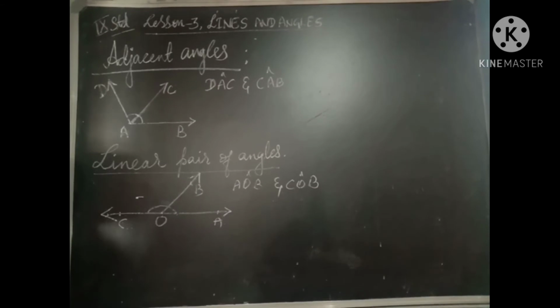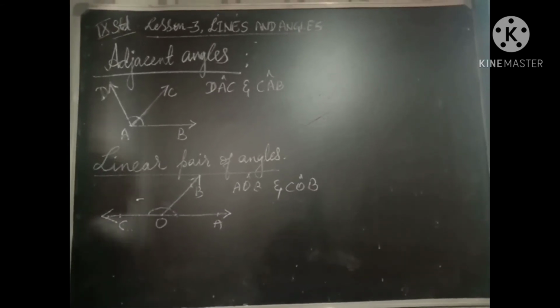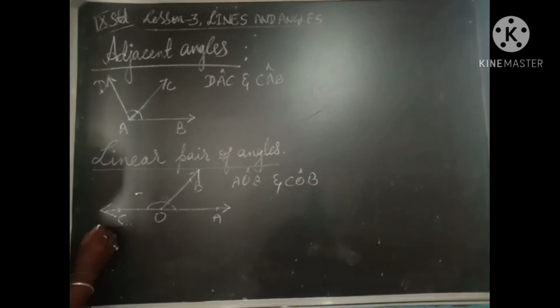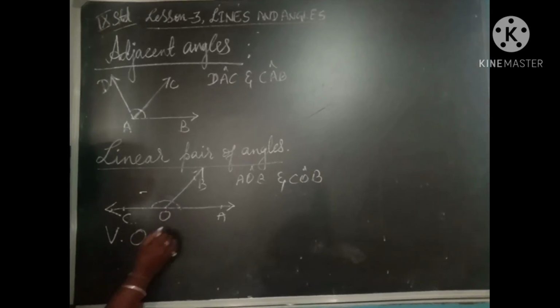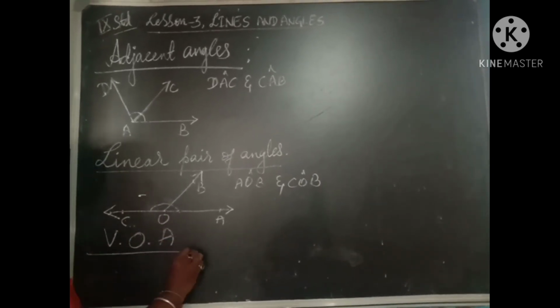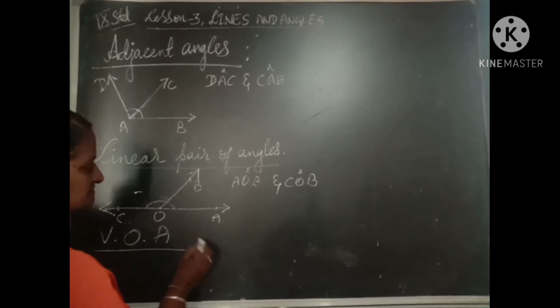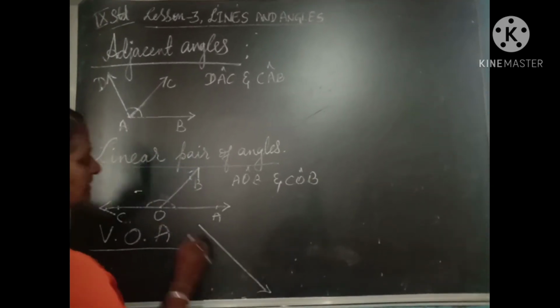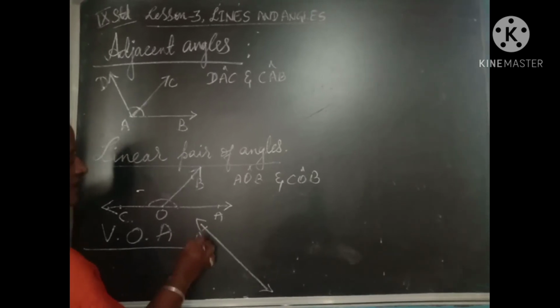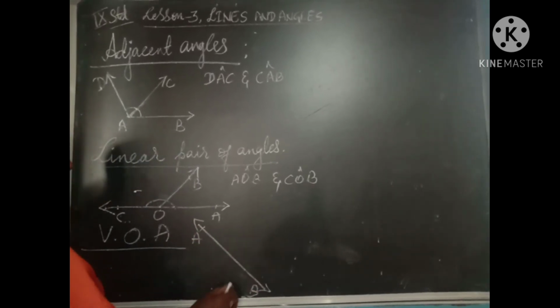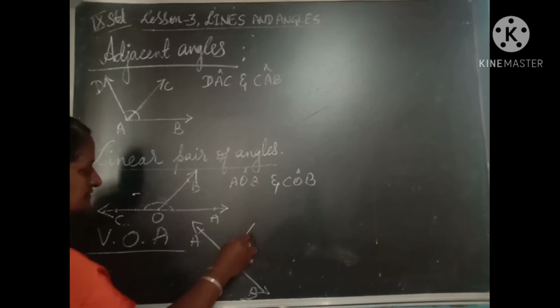Now, let us learn next, vertically opposite angles. What are vertically opposite angles? See, when two lines, for example, let us take this is AB, one line, and another line like this.